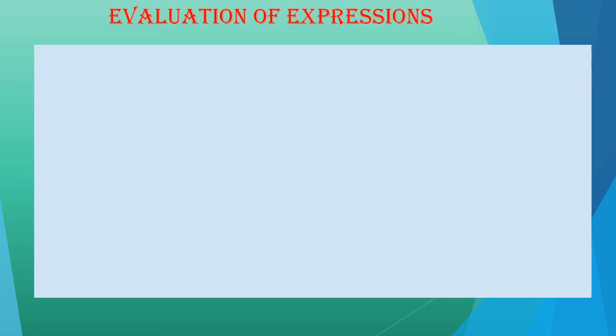So into, divide, percentage mod all fall under the higher priority, and plus, minus fall under the lower priority. Now what does higher priority mean? It means first we will give the chance to it. So I'll just tell you how to evaluate it.